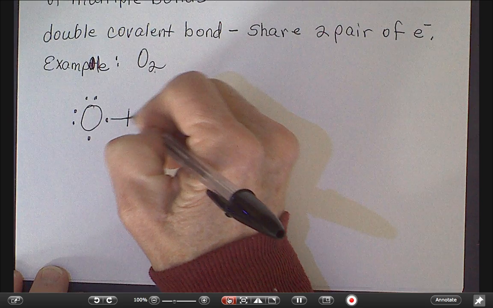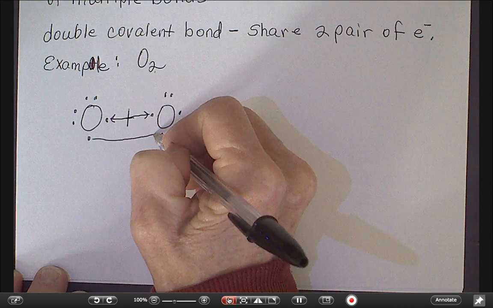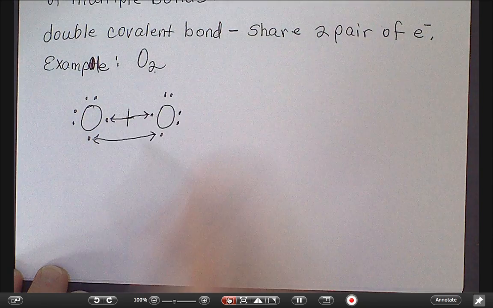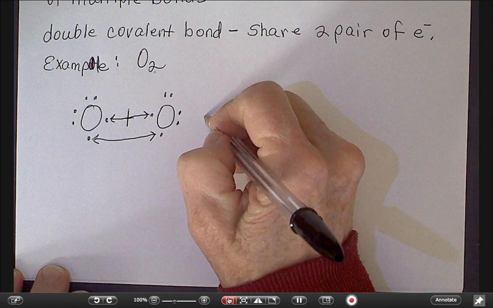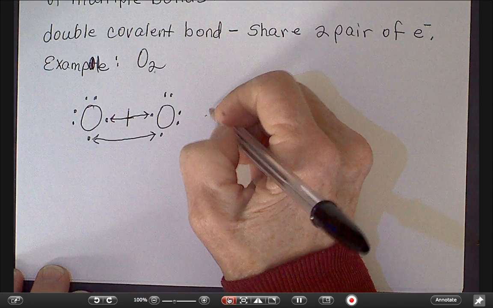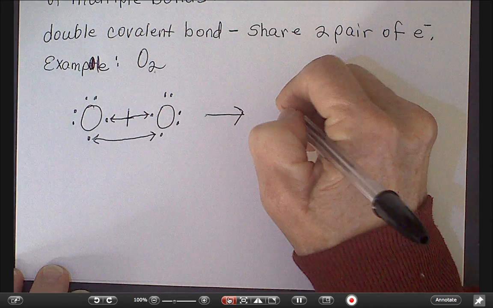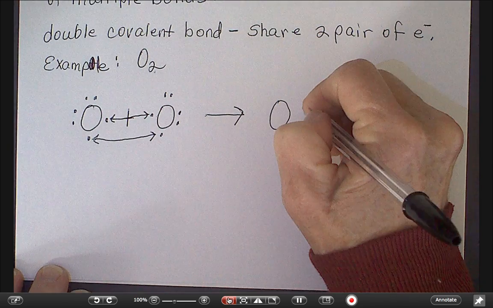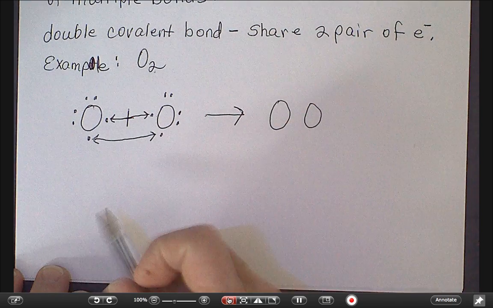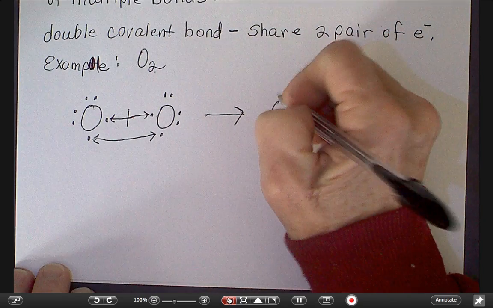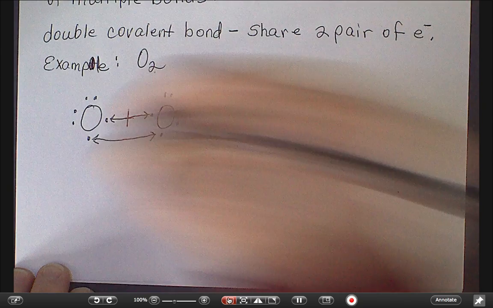Can you see this and this pairing up? Yes? Okay. So what that is going to look like, now we're going to draw our two O's together again. Now then, put your pairs where they were on the other diagram.